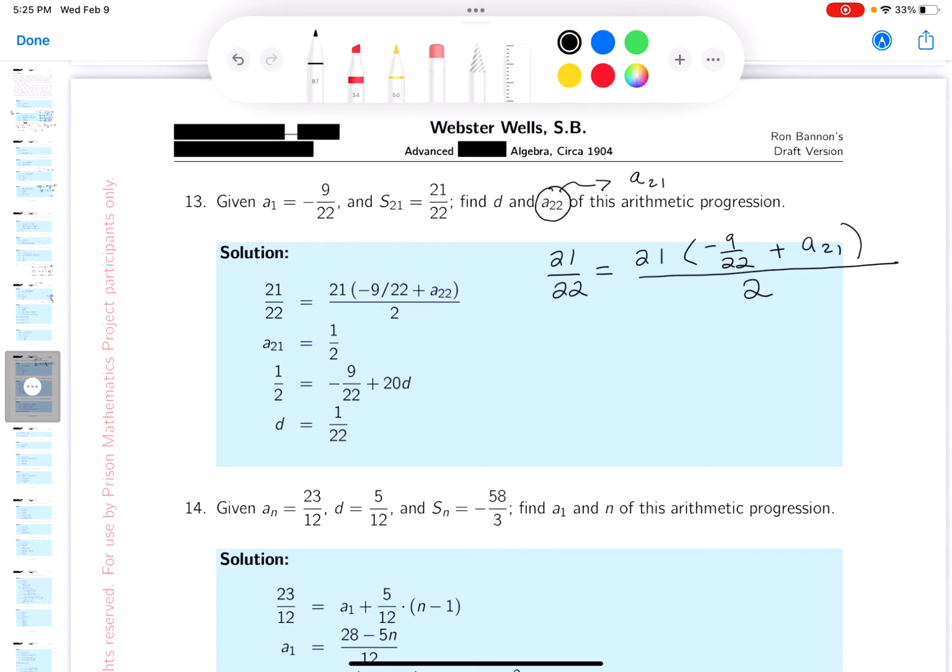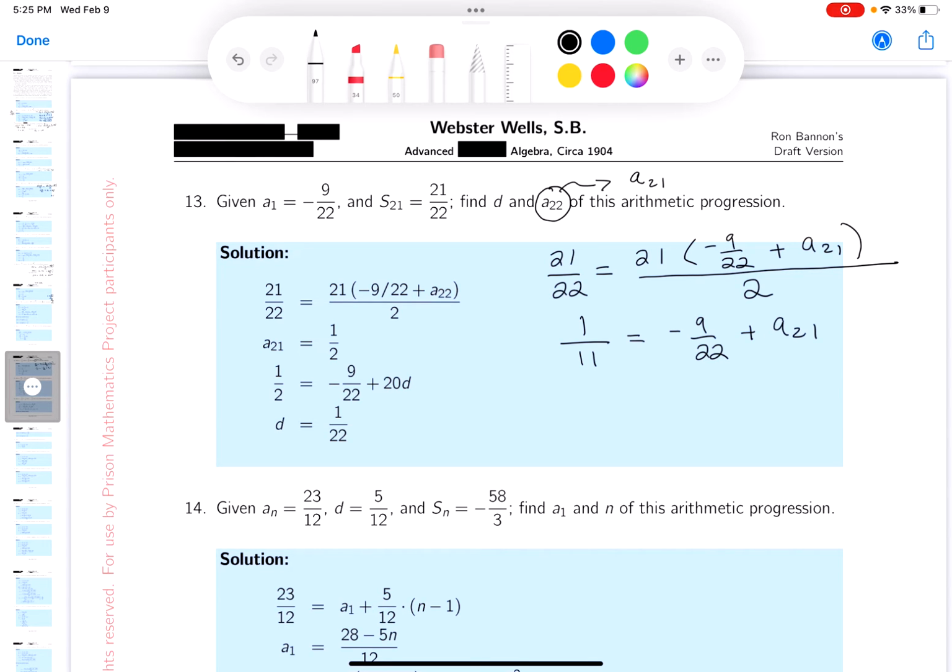I'm going to divide both sides by 21 and multiply both sides by 2. So if you did that, again, I'm going to divide by 21 and multiply by 2, and then you'd get this over here. Minus 9 over 22 plus A21.